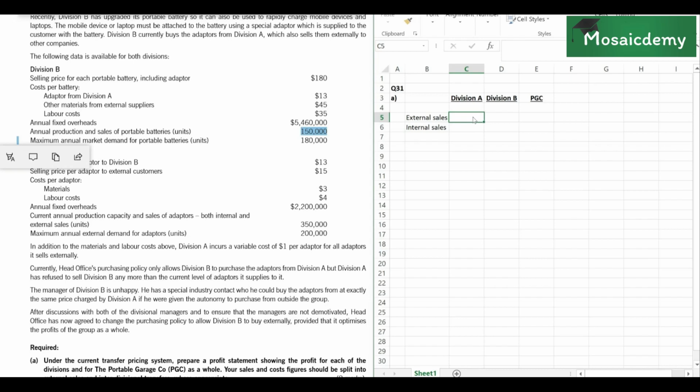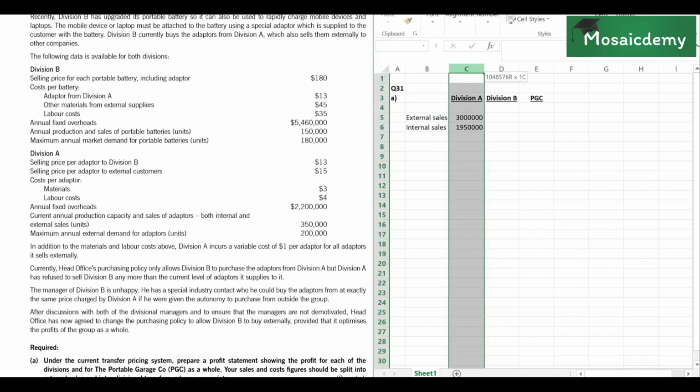So division A's external sales is going to be 200,000 into what's their selling price for external sales? Selling price per adapter to external customers is 15. So into 15, okay? So approximately 3 million. And for internal sales, it's going to be the 150,000 into the internal selling price of $13.